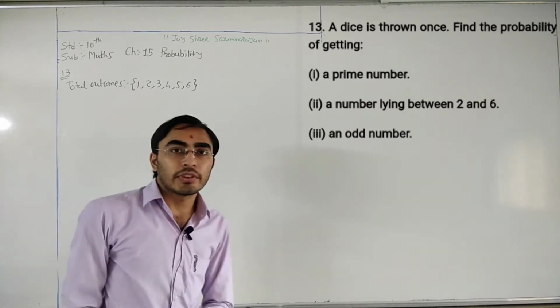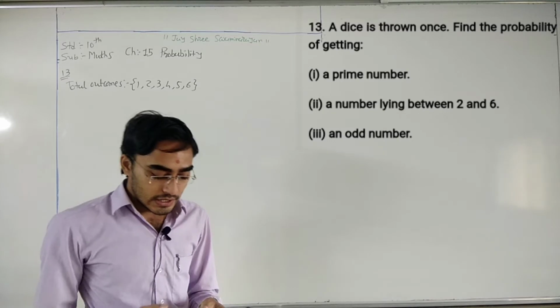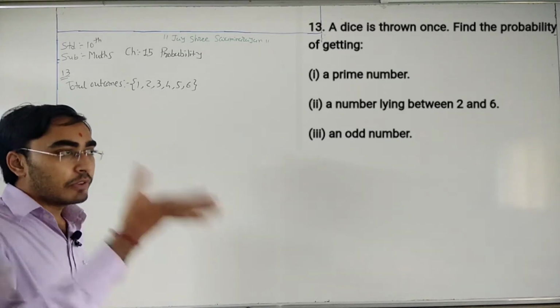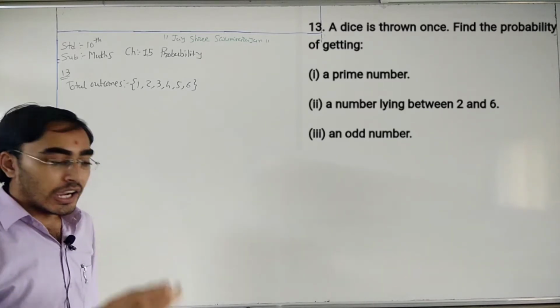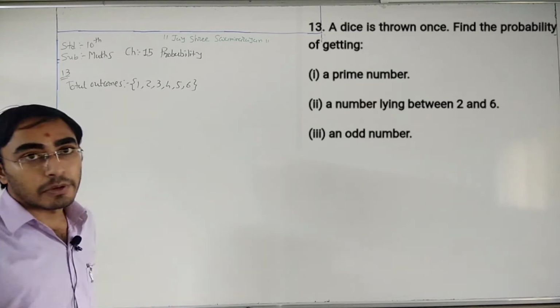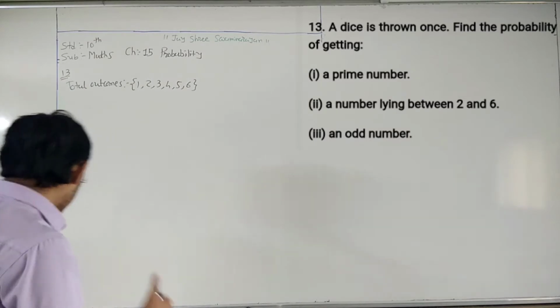Because there are 6 numbers on the dice, on its 6 faces. So total 6 possible outcomes are there. That means if we throw a dice, then 6 possibilities are there, either 1, 2, 3, 4, 5, or otherwise 6 will come.